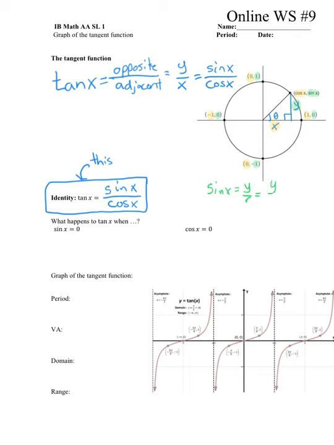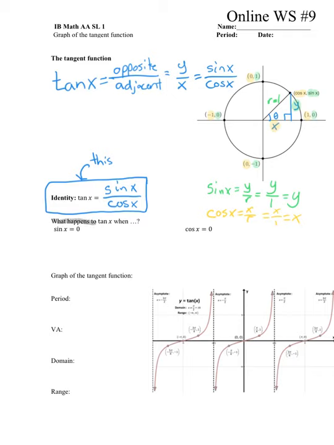In this case, the r value is just 1, so it's y over 1, or just the y value. And it's safe to say that cosine of x is x over r, where r is 1. So the cosine is the x value, and then we've already discussed the tangent being the y divided by the x. The big thing that we want to look at, though, which really defines a tangent graph, is two situations.